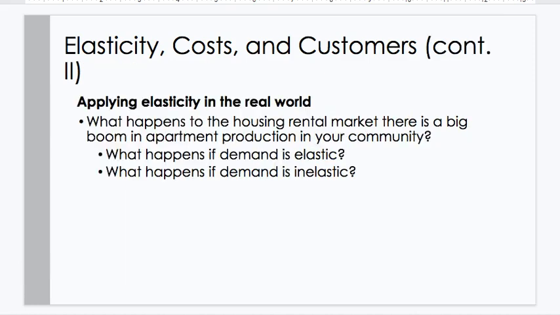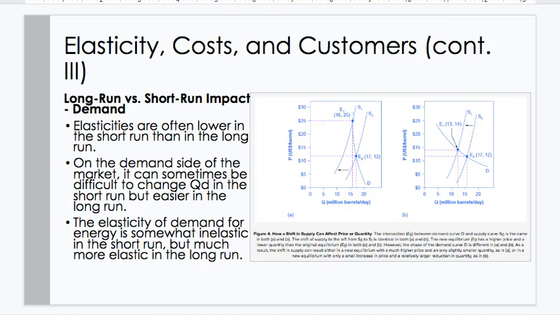Applying elasticity in the real world, what happens to the housing rental market when there is a big boom in apartment production in your community? You can think it through if demand is elastic and inelastic. And here we can go through this example, long run and short run. Elasticities are generally lower in the short run than in the long run. The reason why is there isn't enough time to develop substitutes.